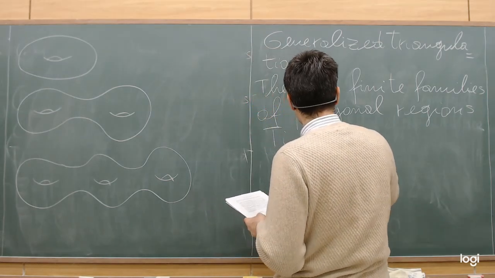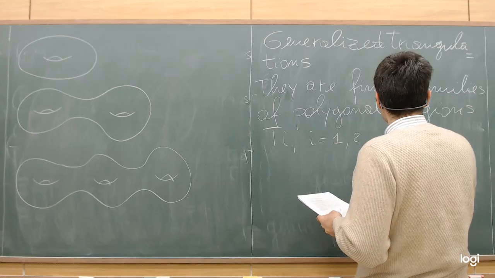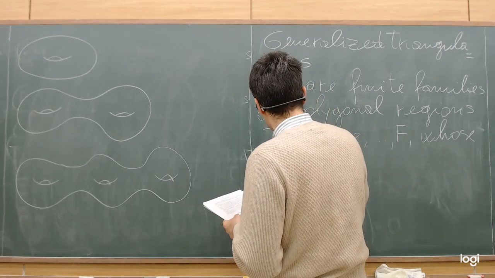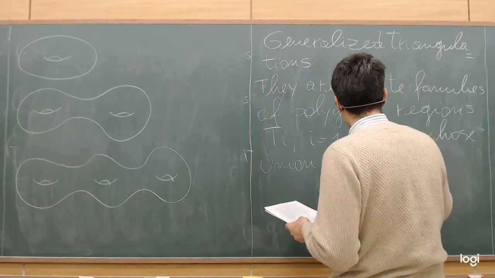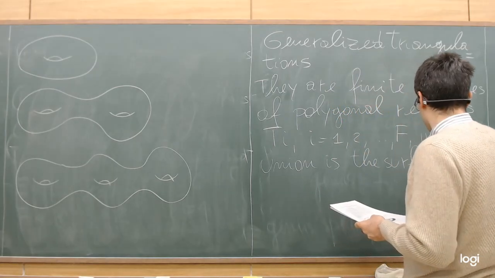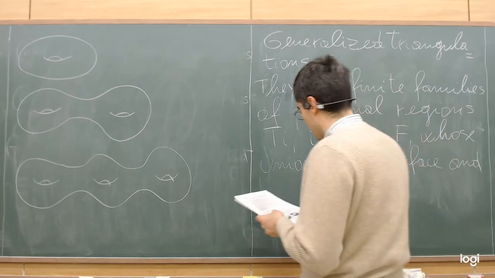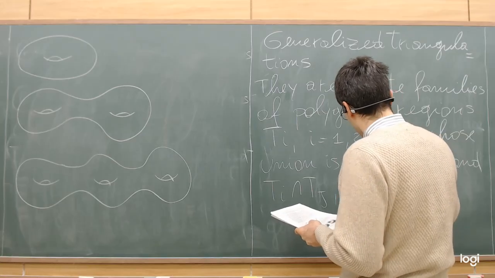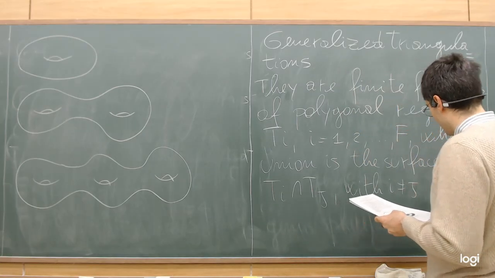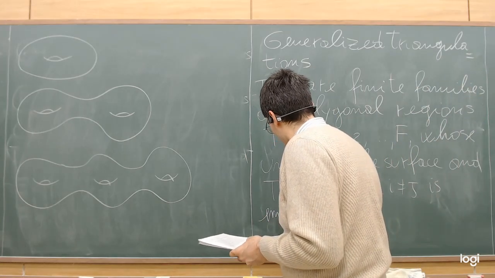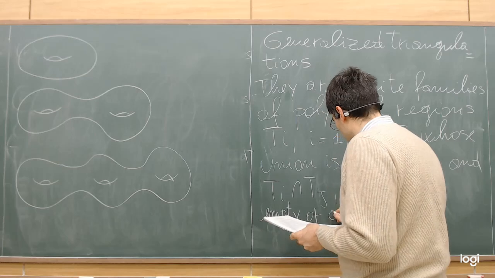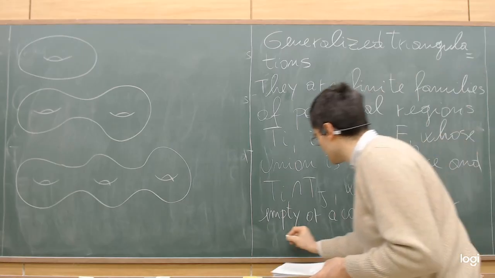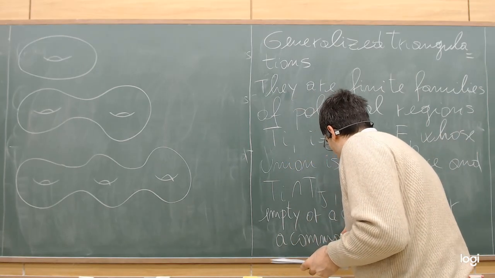Ti with i equal to 1 to F, whose union is the surface and Ti intersection Tj with i different from j is empty or a common edge or a common vertex.